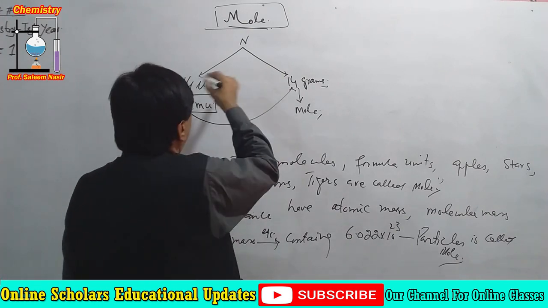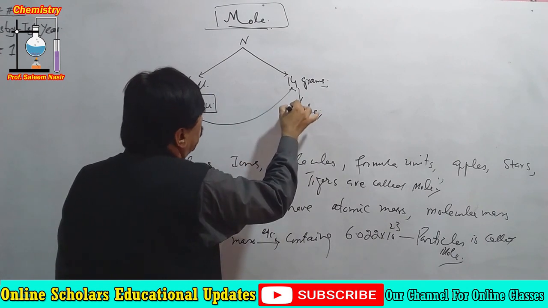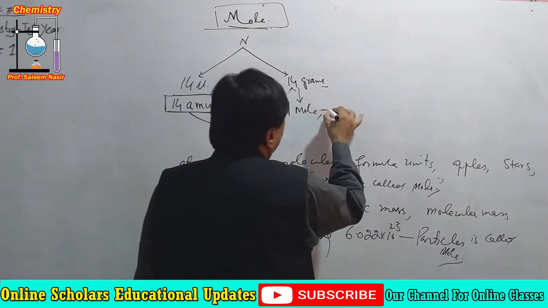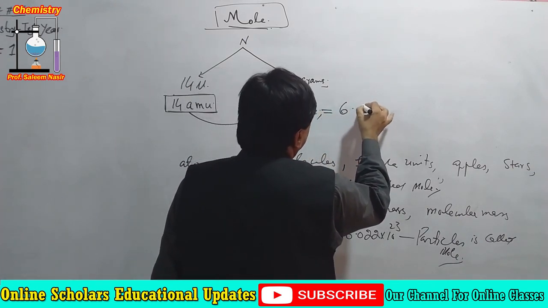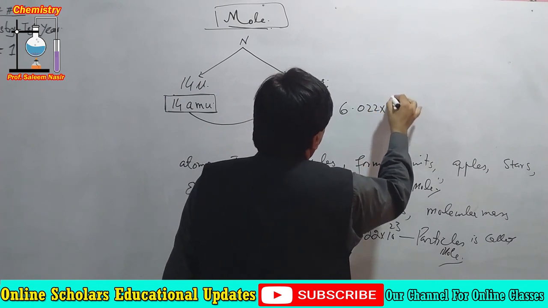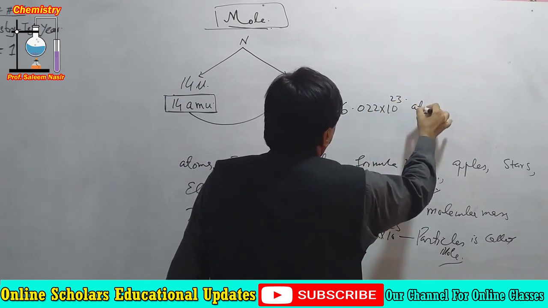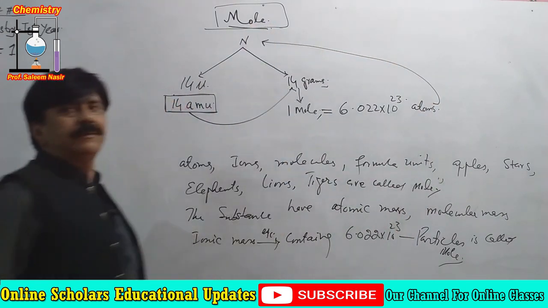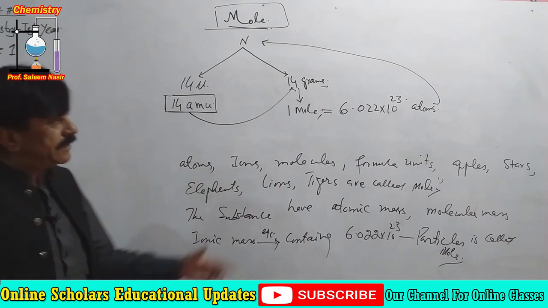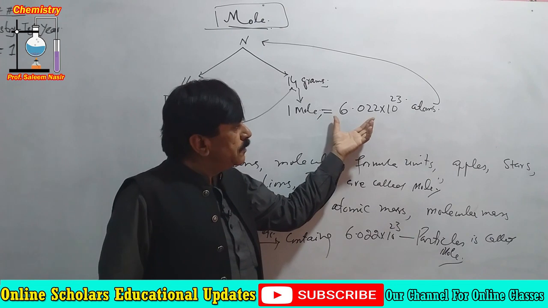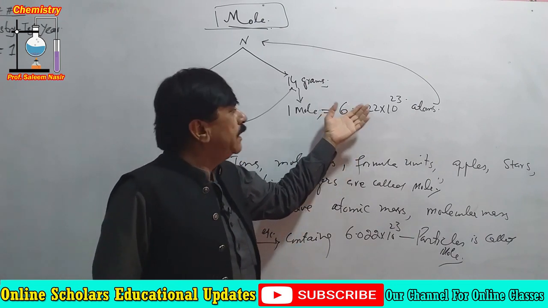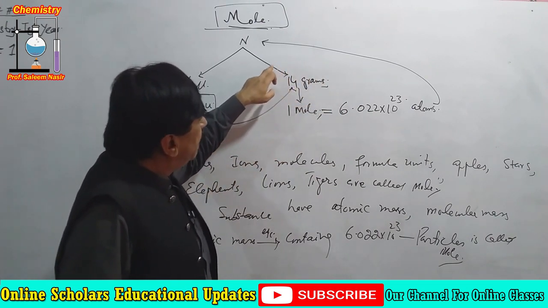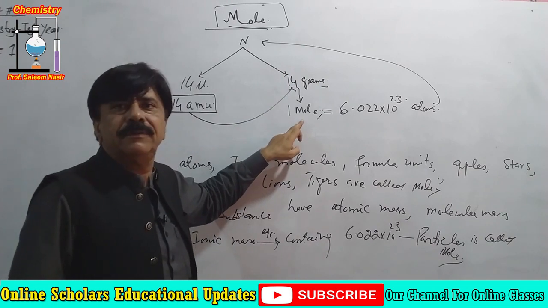Now 14 grams is equal to 1 mole, and that 1 mole contains the counting unit of 6.022 multiplied by 10 raised to power 23 atoms of nitrogen. So nitrogen, when it contains 6.022 multiplied by 10 raised to 23 particles, will be termed as 14 grams, and that 14 grams is equal to 1 mole.